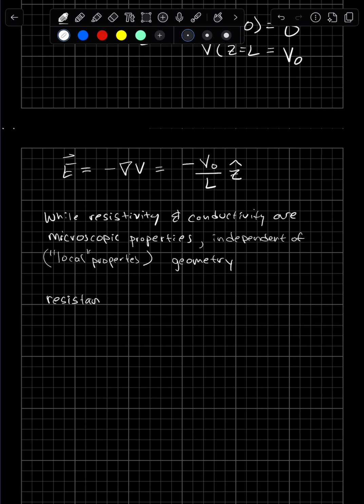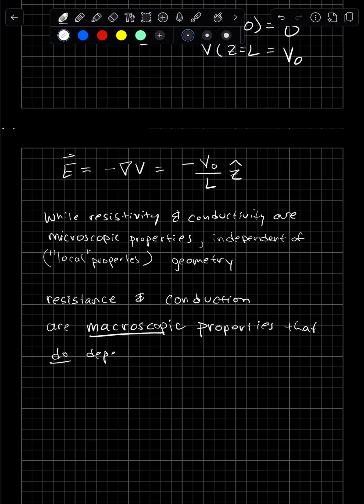Resistance, as opposed to resistivity, and its converse, which is conduction as opposed to conductivity, are macroscopic properties that do depend on the specific geometry. In other words, they vary from problem to problem, case to case.